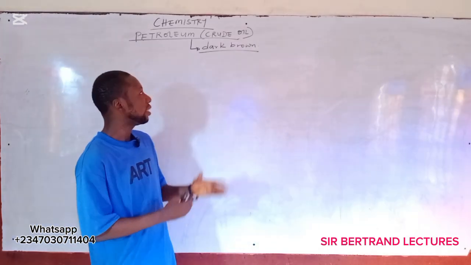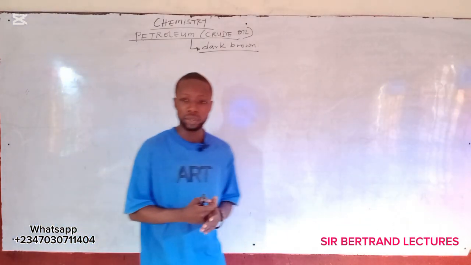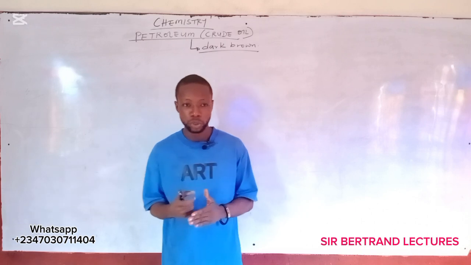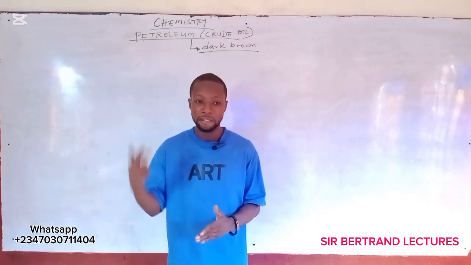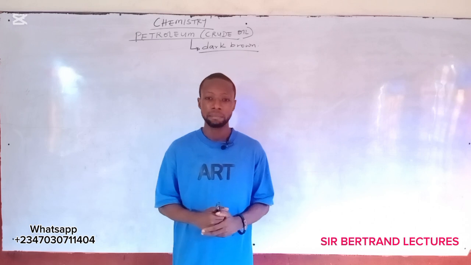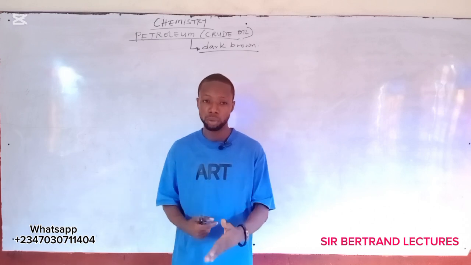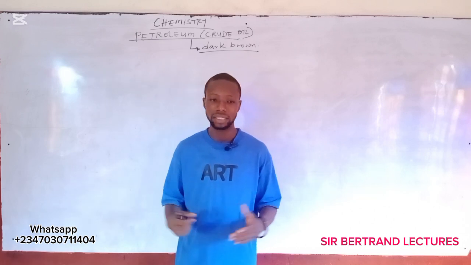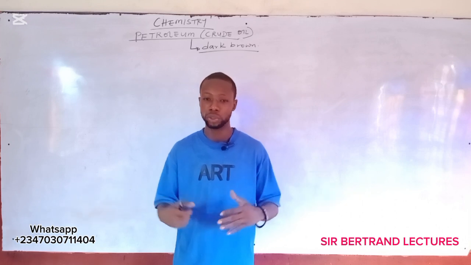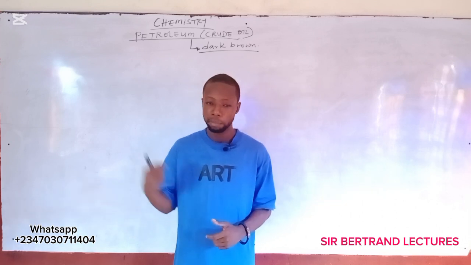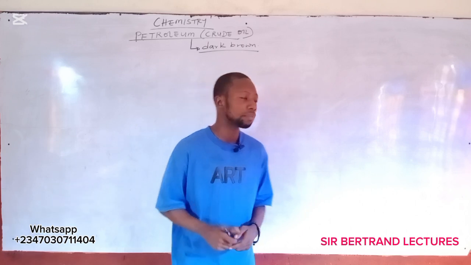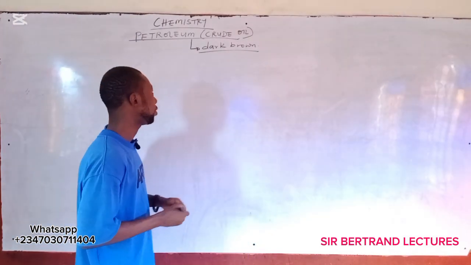In this video, we are going to look in detail at how petroleum is used to produce different petroleum fractions, then how the petroleum is formed, and then the components, the mixtures that combine together naturally to form petroleum. Now let's start with the origin.